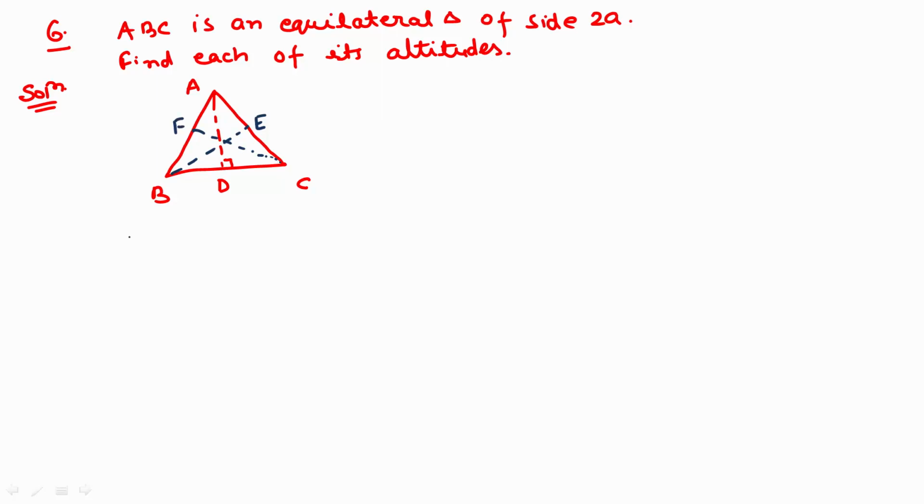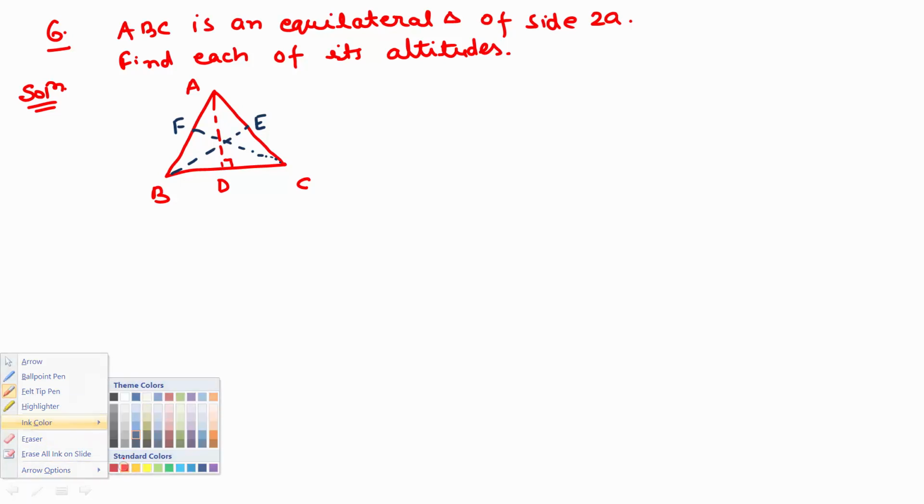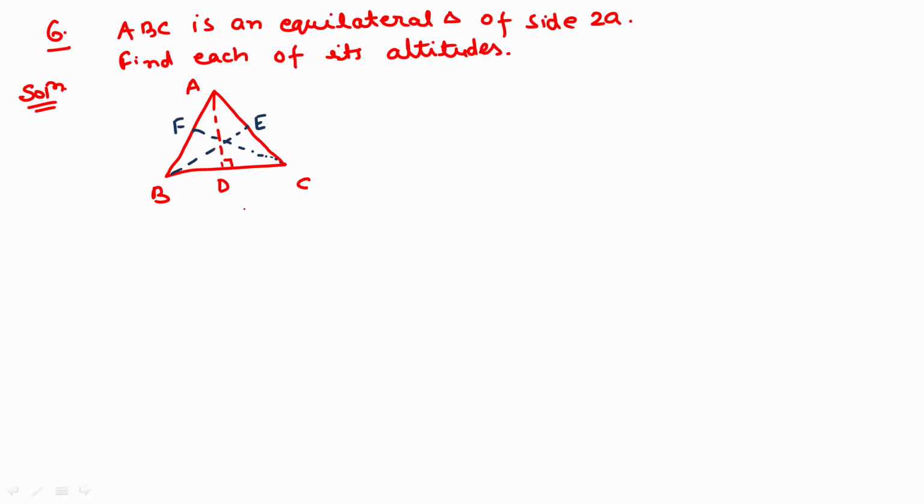But in an equilateral triangle, the lengths of all the altitudes are equal. That is, AD is equal to BE is equal to CF. So we need to find only one altitude, that is AD.